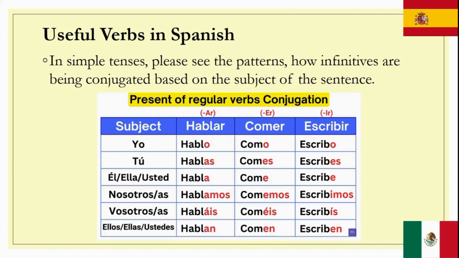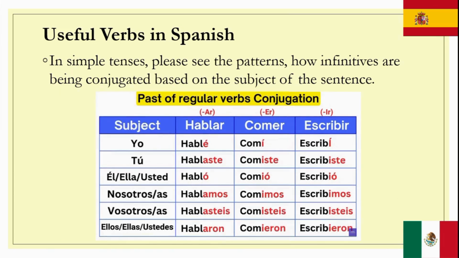Then we have ellos, ellas, ustedes. This is the third person plural. Hablan, comen, escriben. We also have past regular verb conjugation. Yo hablé, comí, escribí. Notice the accent mark on the last letter.